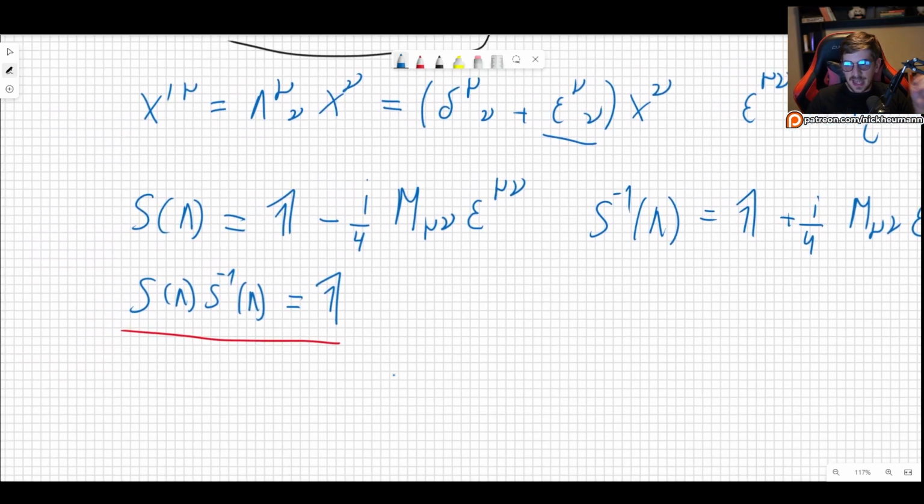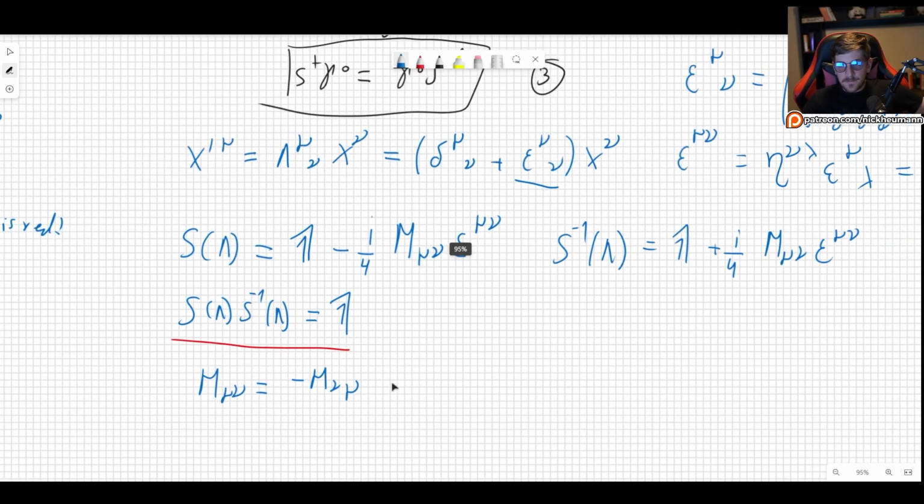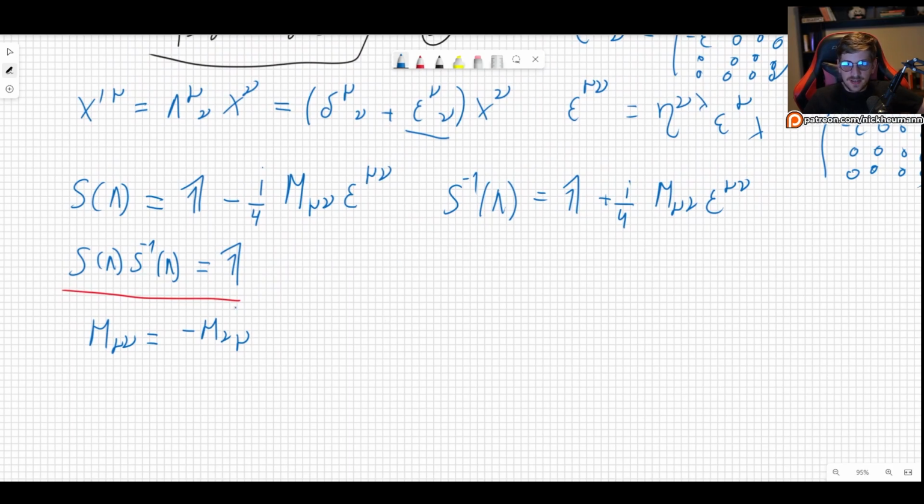Now notice that this M mu nu is going to be antisymmetric as well, because epsilon mu nu is also antisymmetric. It stems from there. Now, let's check that this condition is satisfied. I promised you that it is, but let's check it. So this would be S of lambda times S to the minus 1 of lambda.